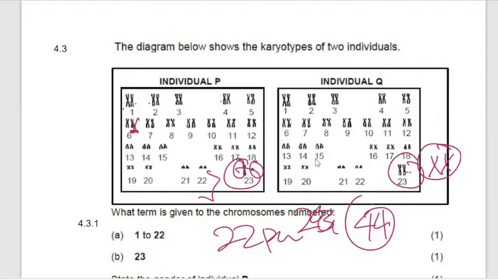Look at chromosome number 21, but it's better to count them 1, 2, 3, 4, 5, because you'll find out. They won't just ask you a question, how many chromosomes are there? No, man, they will have to hide something. There must be a reason why they ask you that. Maybe there is a chromosome which they have hidden, and then you have to identify where they have hidden it.